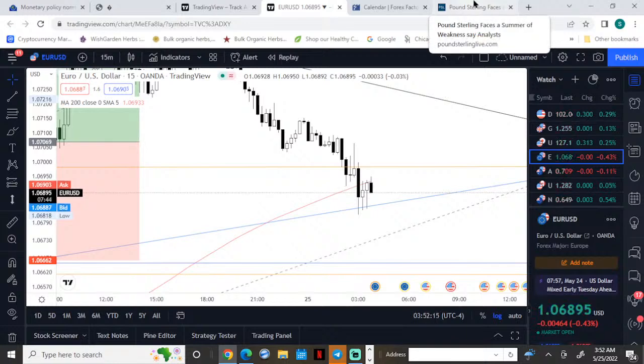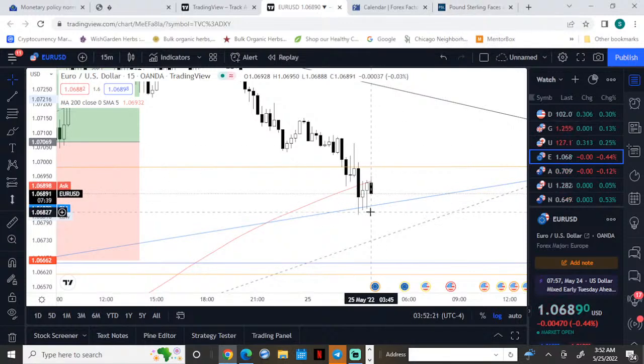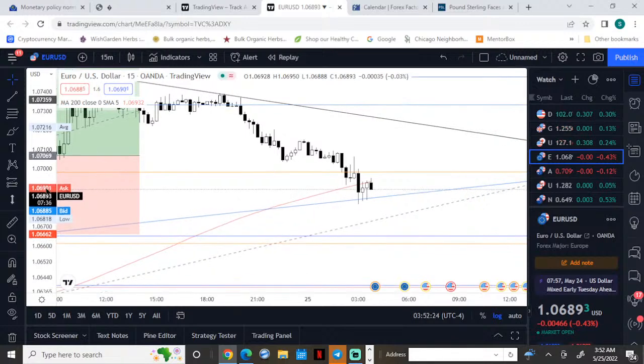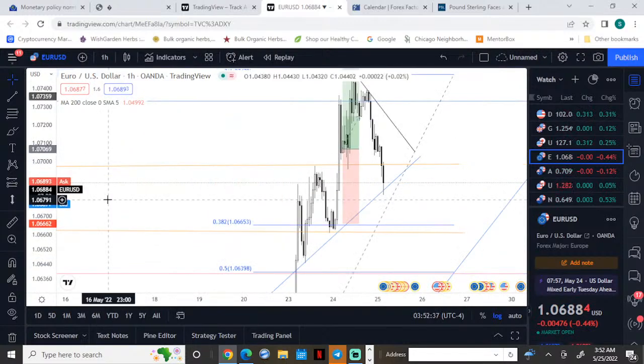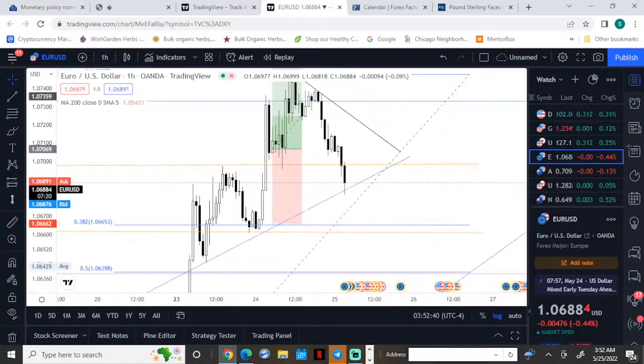It's a candlestick pattern, 3 white soldiers. But okay, we have 7 more minutes for this candle to close. I'm going to go to the next pair in just a second.